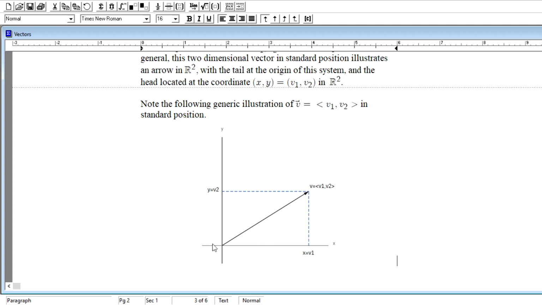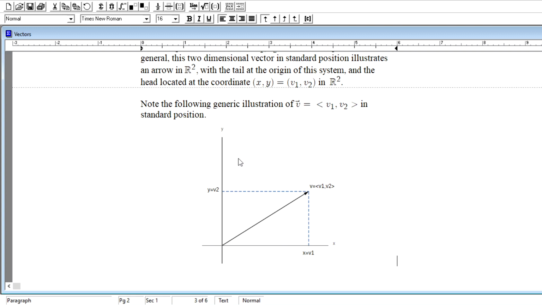It is this quantity that points in a certain direction in 2-dimensional space and has a certain size or scale or magnitude to that quantity, where direction is highlighted by the direction of the arrow and that size or scale is measured by the length of that arrow.